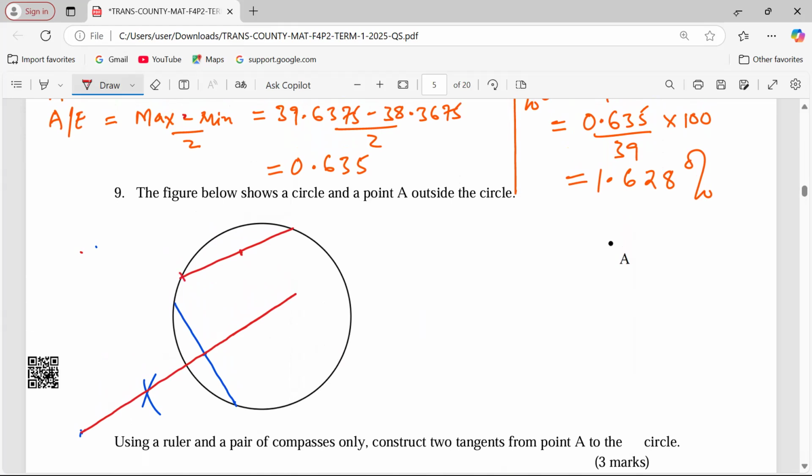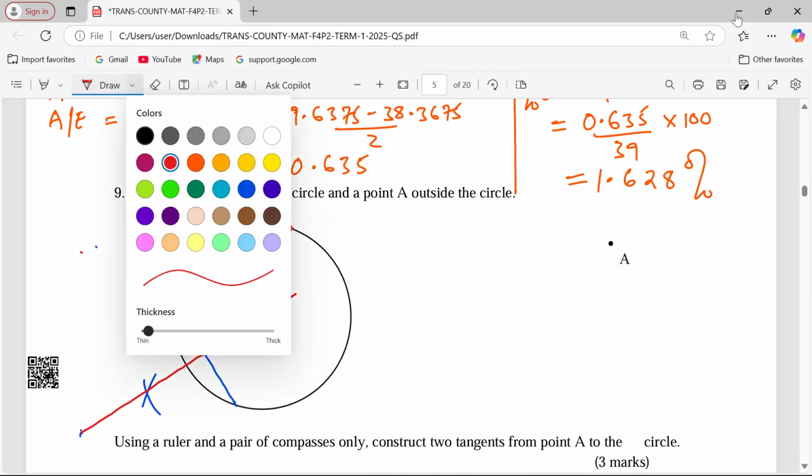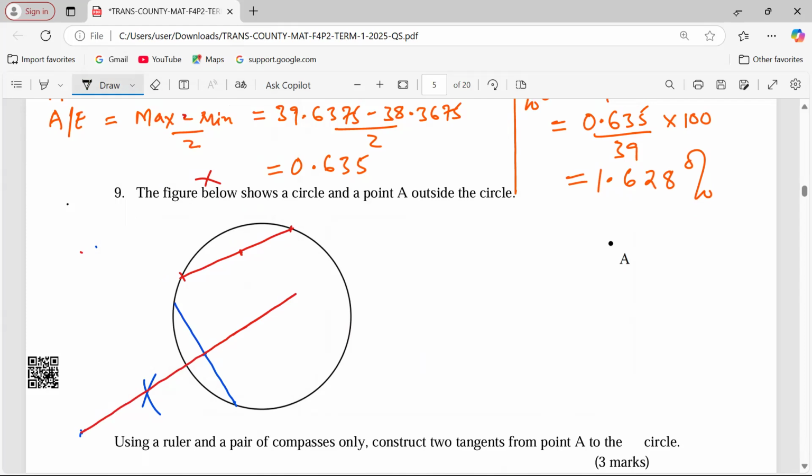So we stand at this point, we make an arc. Standing at this point, we also make an arc. So when we join, that will be a bisector, and it will pass through the center of this circle. So this one becomes point O, the center of the circle.